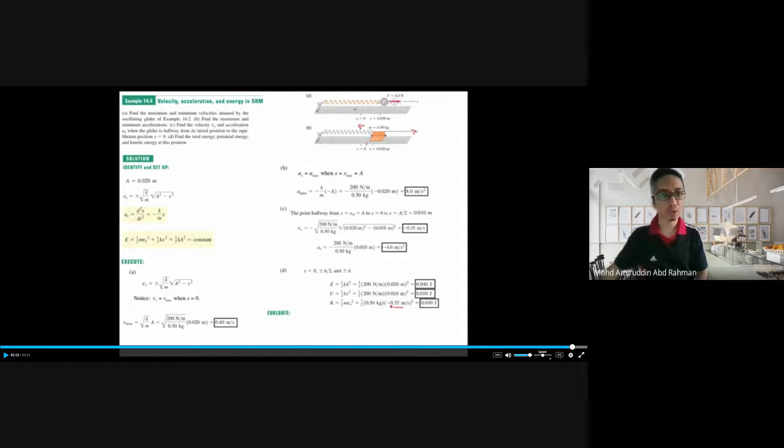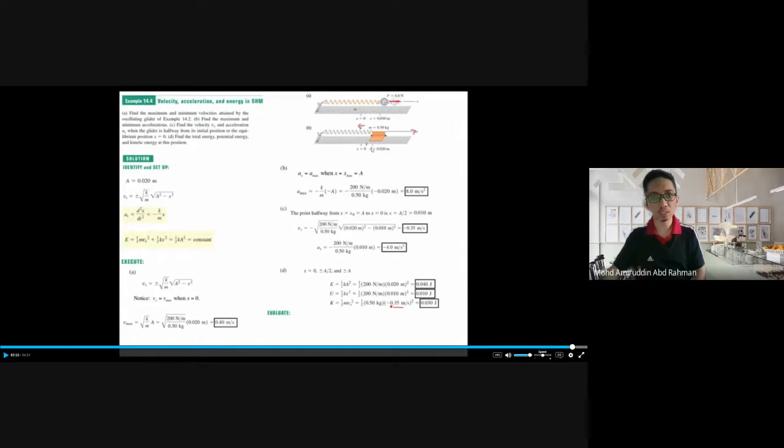When the glider is halfway, we have the amplitude A, and x is the halfway point.